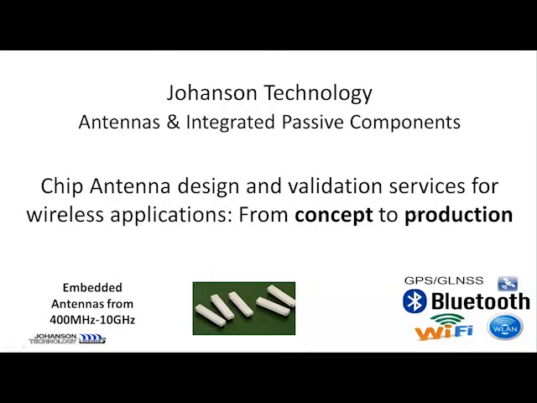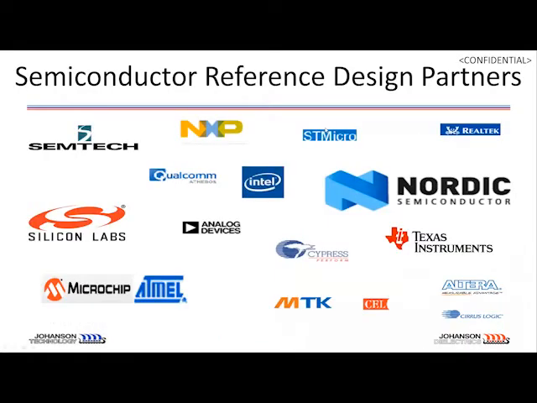Hello and welcome to Johanson Technologies' Chip Antenna Design and Validation Services for Wireless Applications from Concept to Production. Johanson Technology is partnered with about 70-ish% of wireless semiconductor companies out there. These are just a few examples.